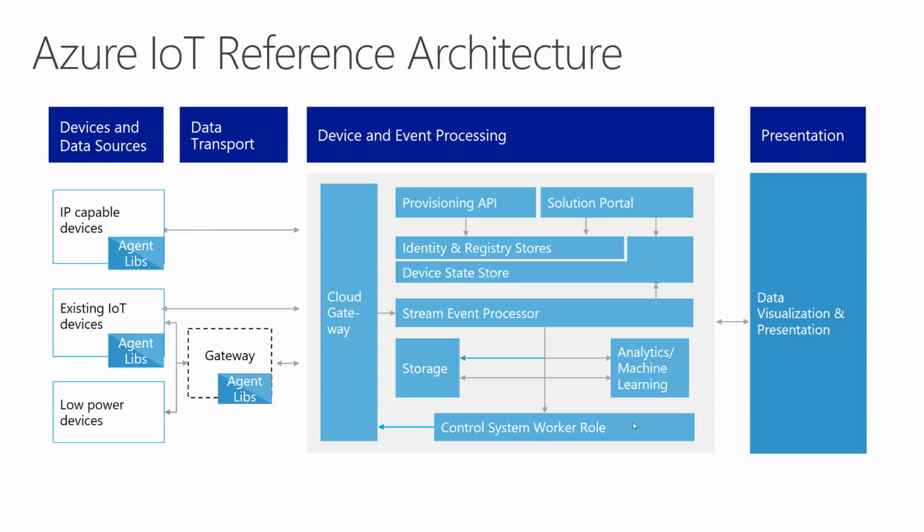So the dream is obviously all of our devices are connected to the internet all the time, but it never happens. And some devices can't even talk HTTP, and that's why we got this thing called the gateway, which does all of the protocol transformation.